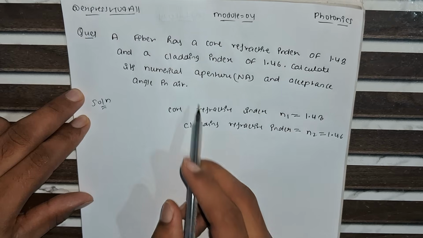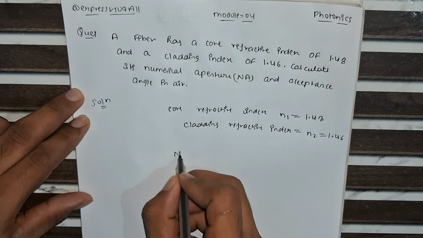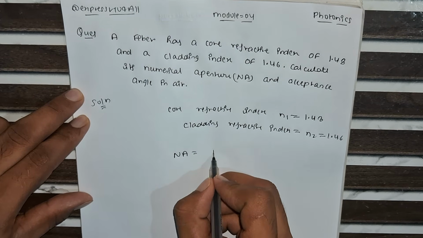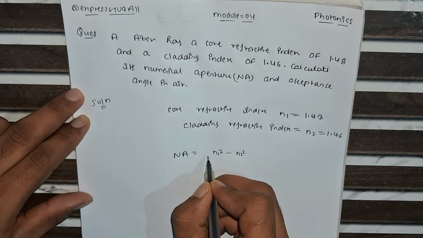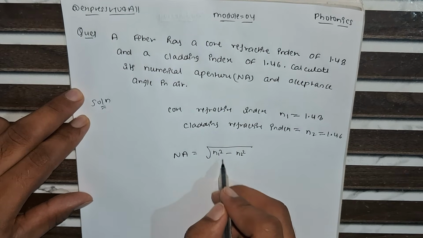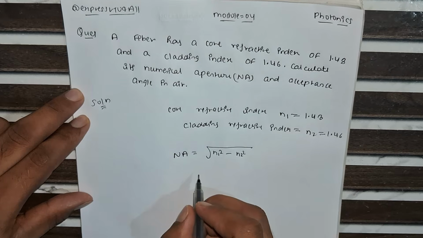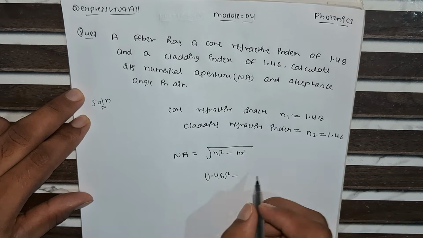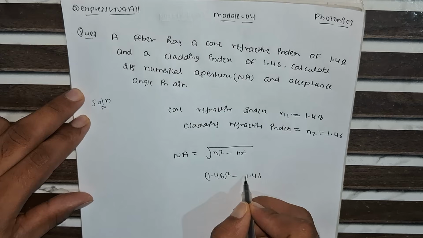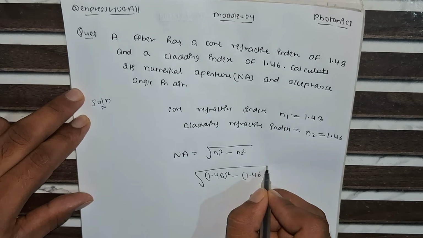Then what is the formula to find the numerical aperture? NA equals the square root of n1 squared minus n2 squared. So what is the value of n1, which is 1.48? So 1.48 squared minus the n2 value, 1.46 squared, all under root.